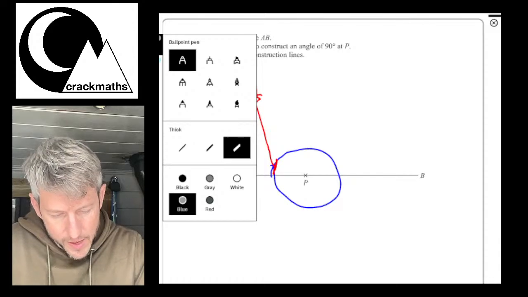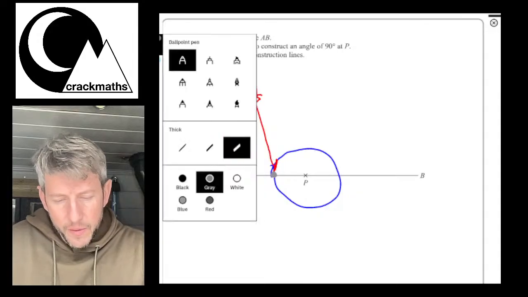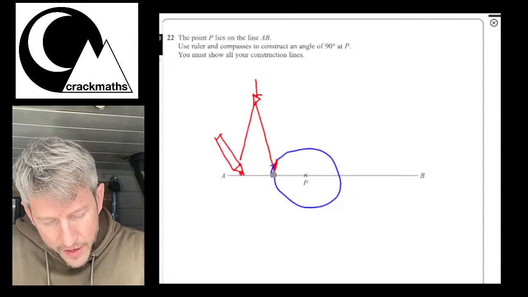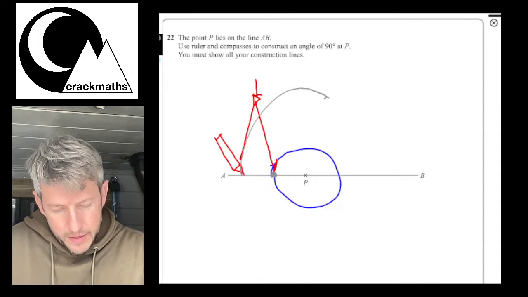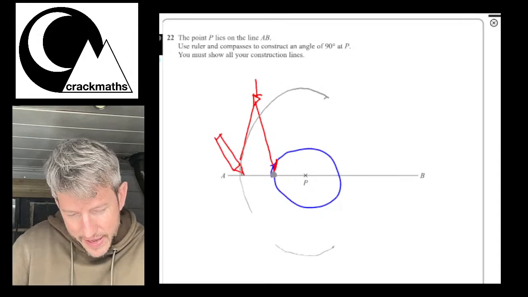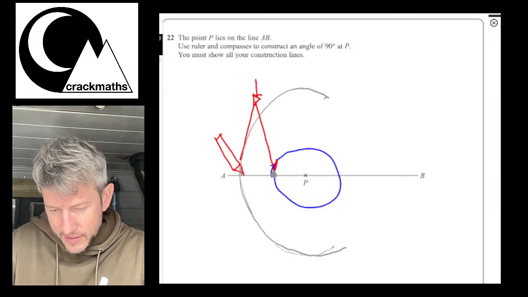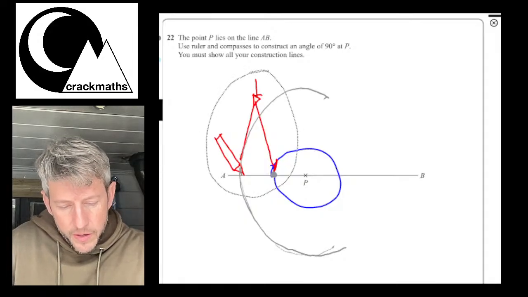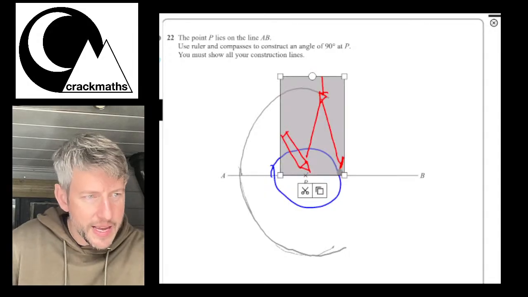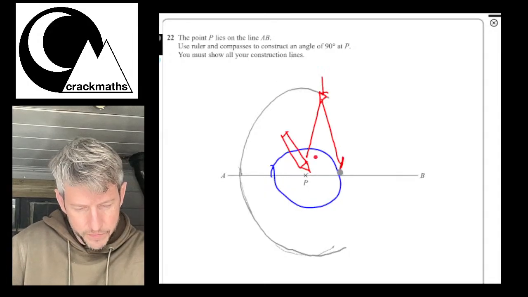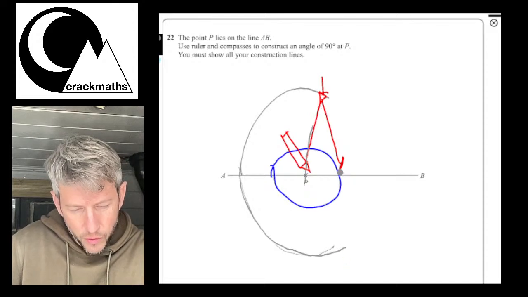You're going to keep the compass point here, and then draw an arc all the way up here and all the way down here, making sure we leave the lines. Then I'm going to move my compass to the other point where it crosses the line, and do the same thing over here, and draw all the way around here.